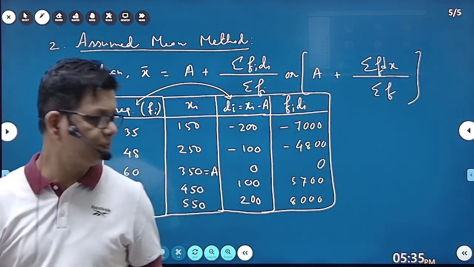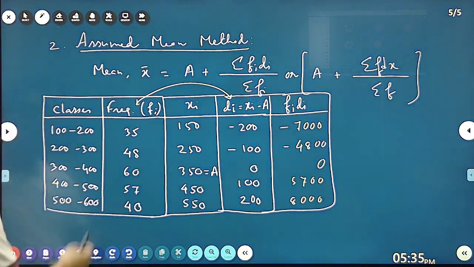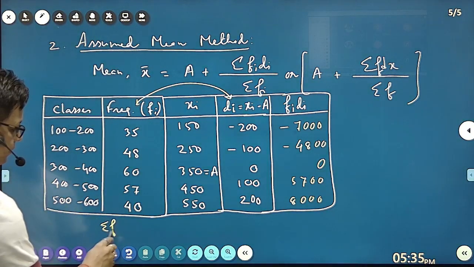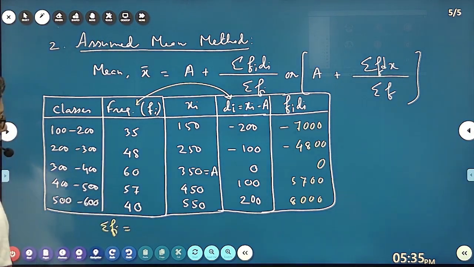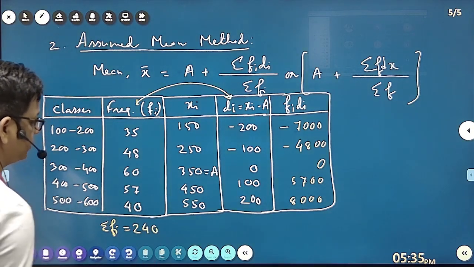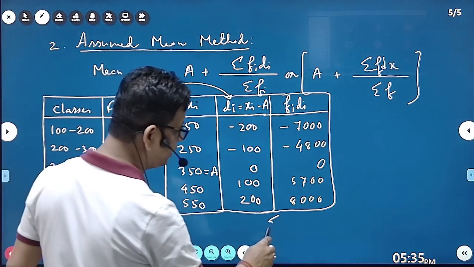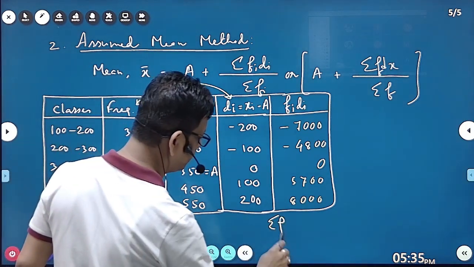As I told you a few minutes back, whatever the method it may be, we always find summation of Fi. So add up this. Tell me what is this sum? 240. The sum is 240, and we always find the summation of the last column. So the last column here is FiDi.